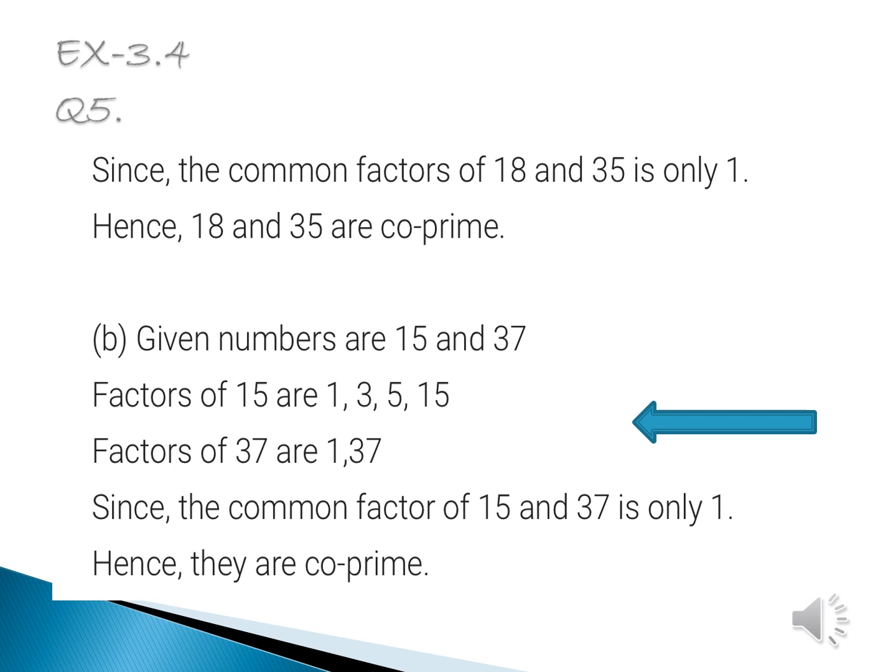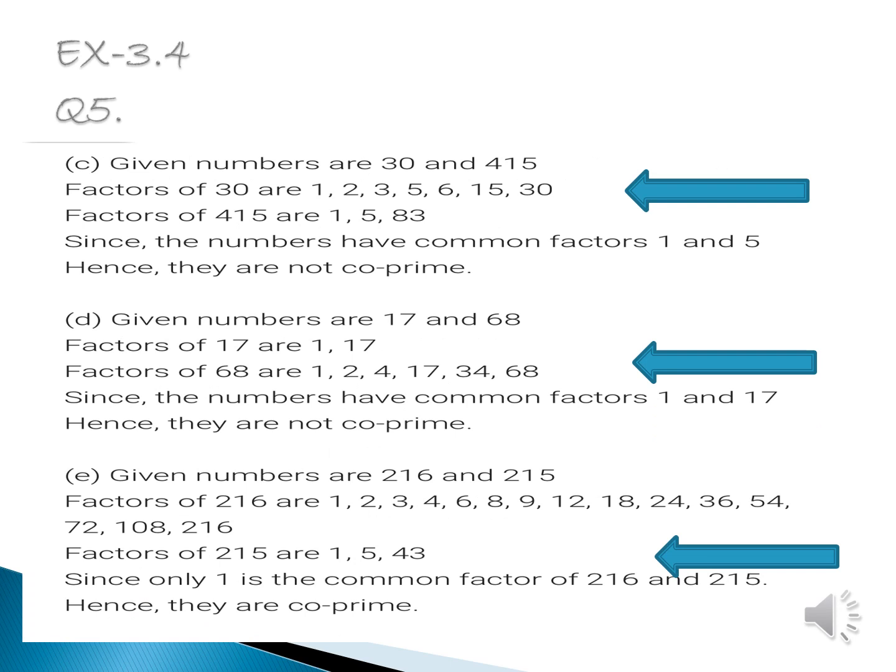So for finding the co-prime numbers, you just have to write down the factors and see that there should be only one common factor, which is 1. None of the other numbers should be common in both the lists. So here are the solutions for C, D and E part.